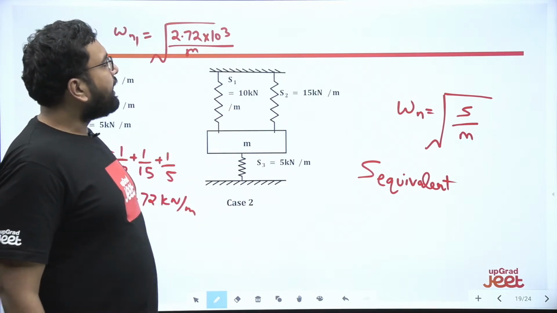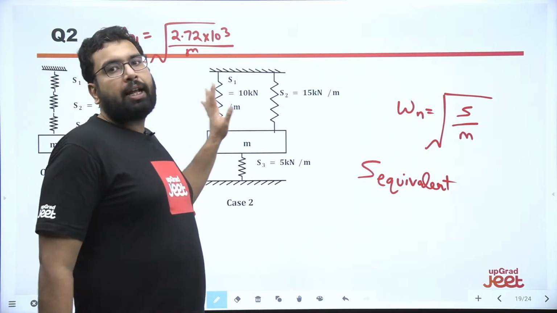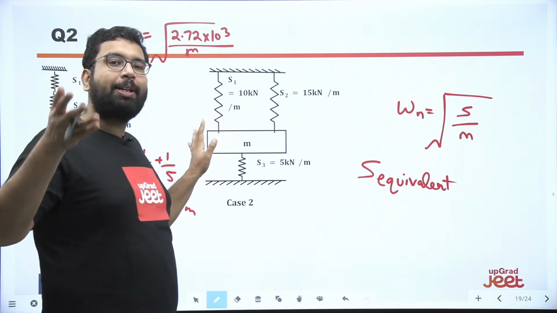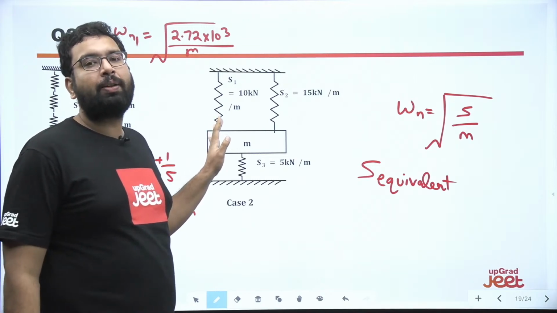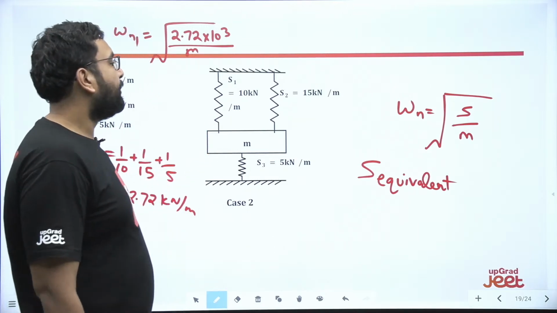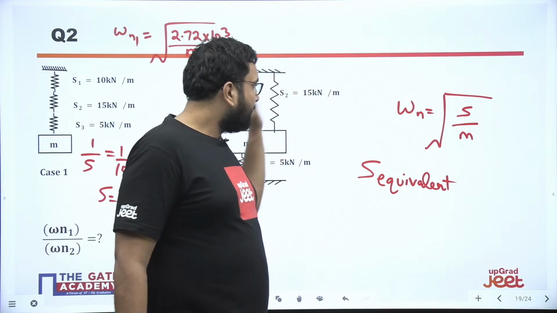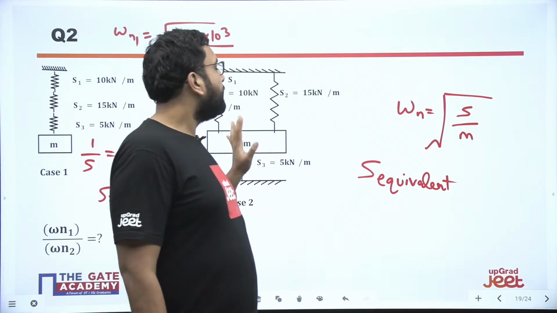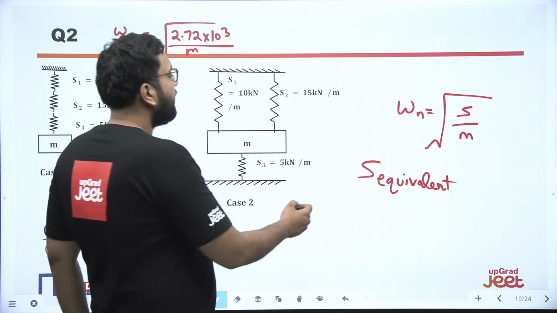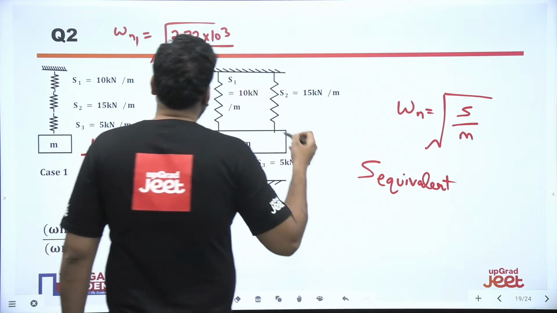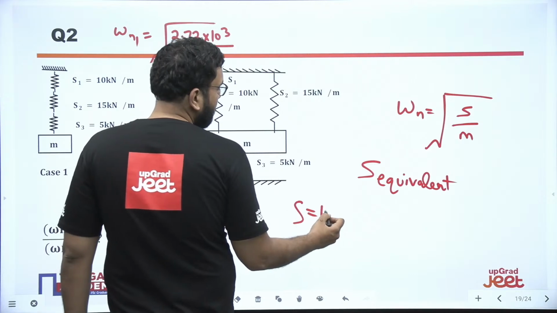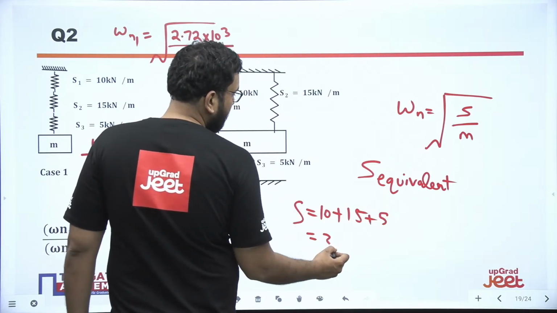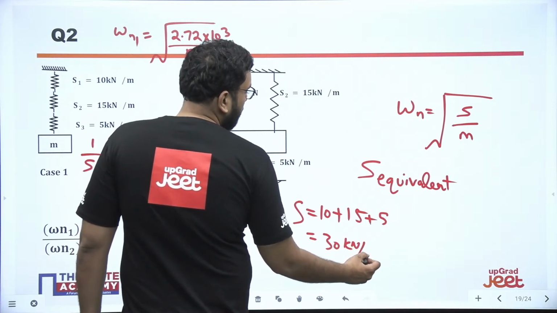Now in the second case, we can understand this S1, S2, and S3. All these three springs are in parallel. When they are in parallel, we can find the stiffness by simply adding them up. So this is going to be 30 kilonewton per meter.